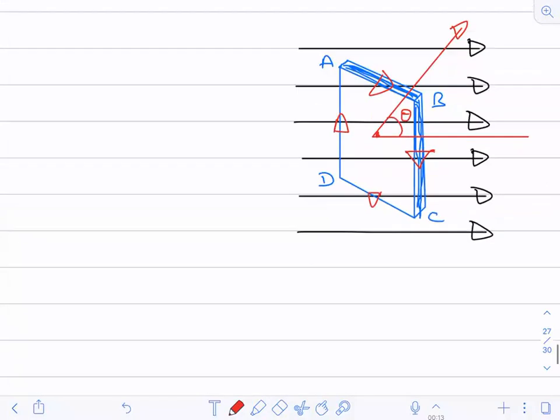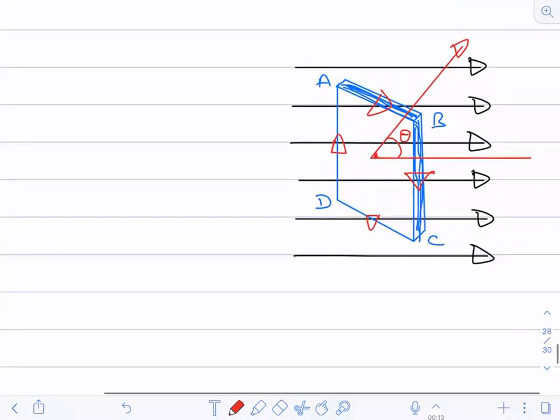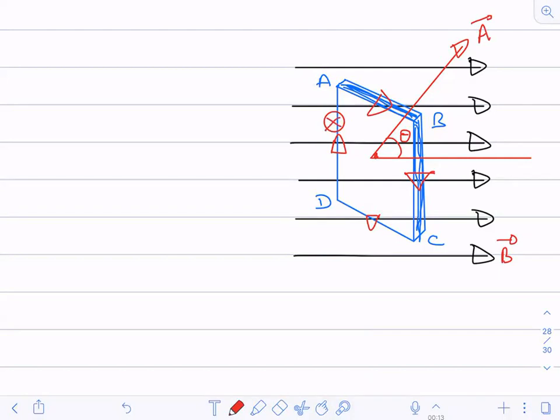Just see this, I'm zooming it. It is making an angle theta with the magnetic field. This is my area vector, this is the magnetic field over here, and theta is the angle between them. Now, the force on this side was cross, and the force on this side was dot.